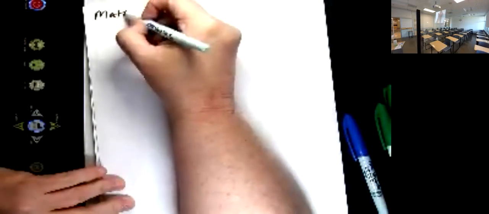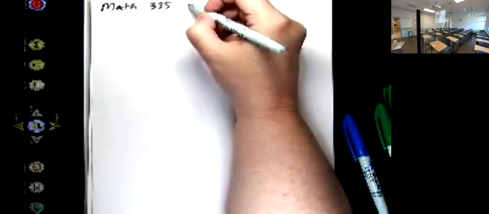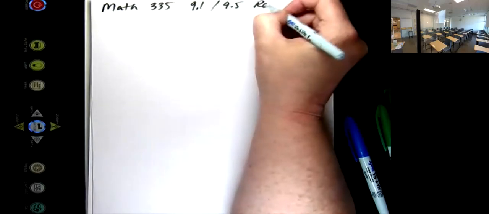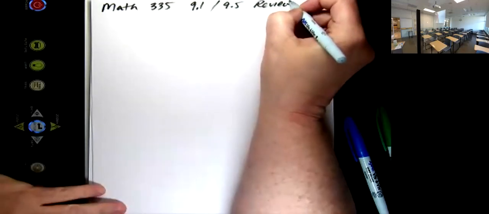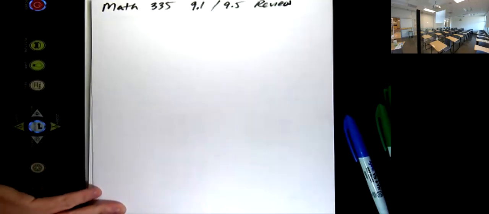Last time we went over systems of equations. And so we're looking at 9.1 and 9.5, a review of it. And why review the two-dimensional ones when we can do the 3D matrices?